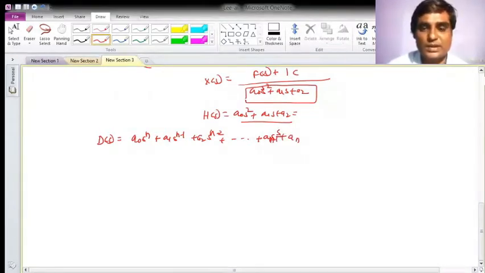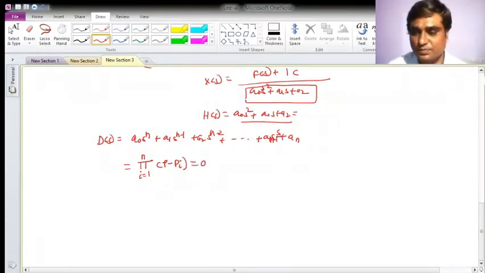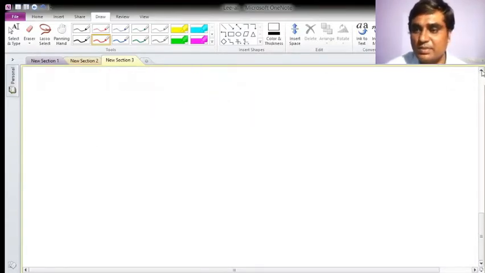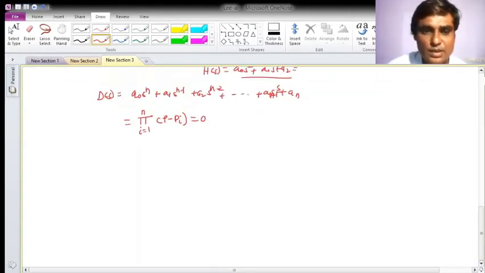This you can again express by taking the n roots, so the roots will be s minus pi, for example, since s is the variable we are using, and this will be equal to 0.